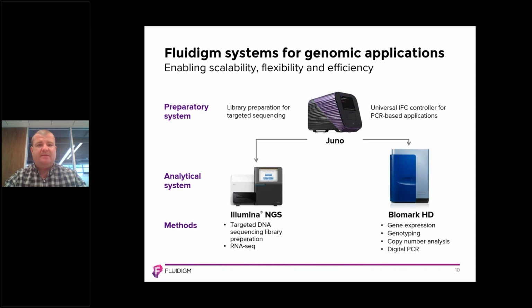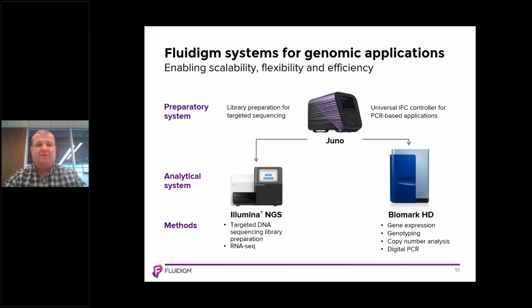The Biomark HD platform is the analytical platform that performs the microfluidic real-time PCR detection. It's that system that enables you to understand the level of expression of your viral markers, and whether they're present or absent, and how they compare to the control samples.